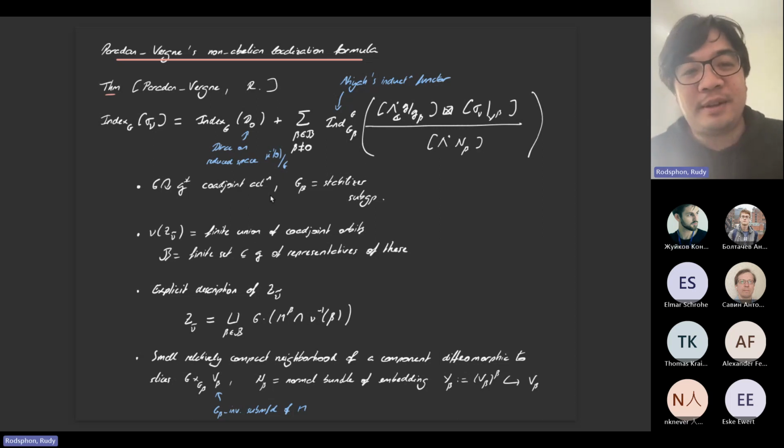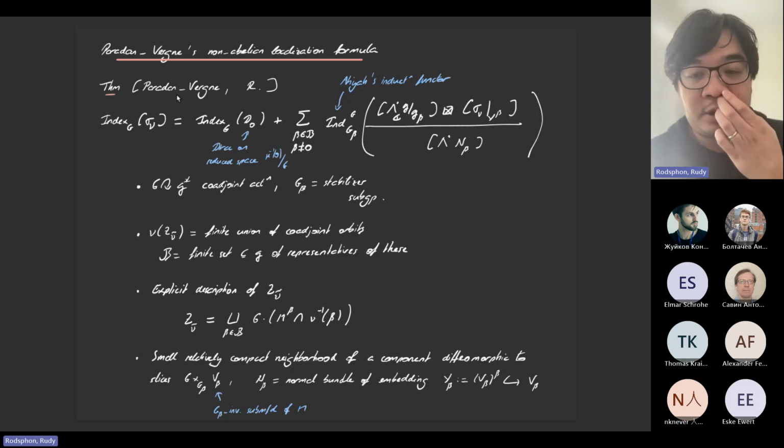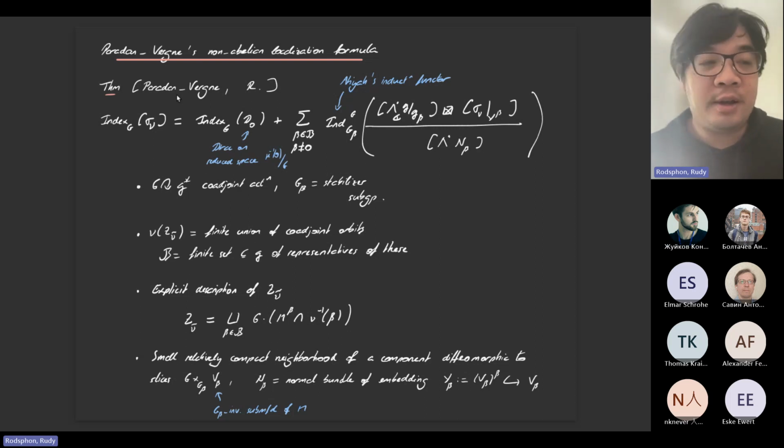Yes, I have a short proof. The point is that Paradan and Vergne have a lot of difficulties because they are using Atiyah and Singer's technology from before. There are things that they don't have access to and have to do by hand. For example, in the world of transverse elliptic operators, you have some Thom isomorphisms, but they are more complicated to write because of the group action.